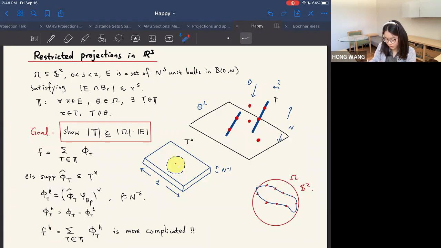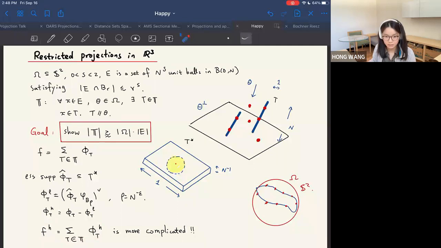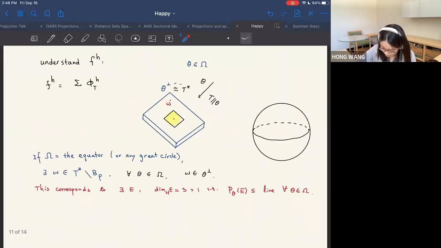But if this omega is no longer a curve and it's some other thing, then the high frequency part might not be as efficient. So let's see why the high frequency part is more complicated. In the two-dimensional case, on the high frequency part, for each point that's outside of this small ball, the number of T star passing through each point is bounded by, say, n to the epsilon.